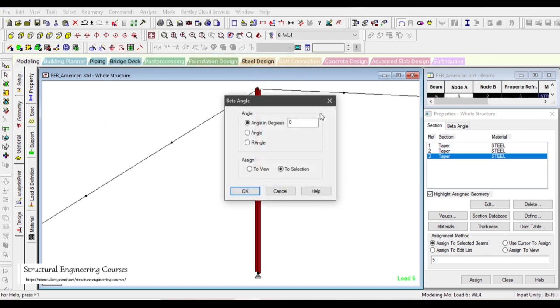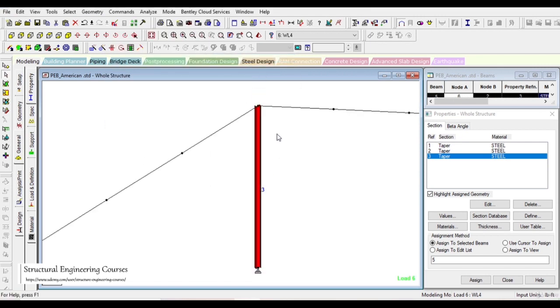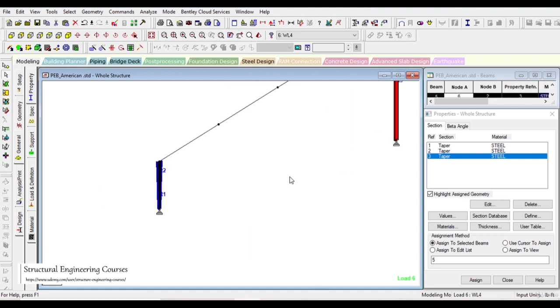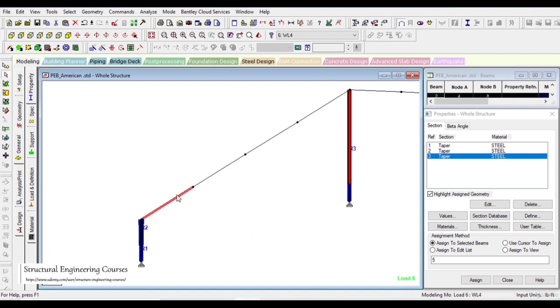Go to commands, geometric constant, beta angle, and assign it to 0 only. So now the orientation is correct, and now we need to assign the properties to these members also.